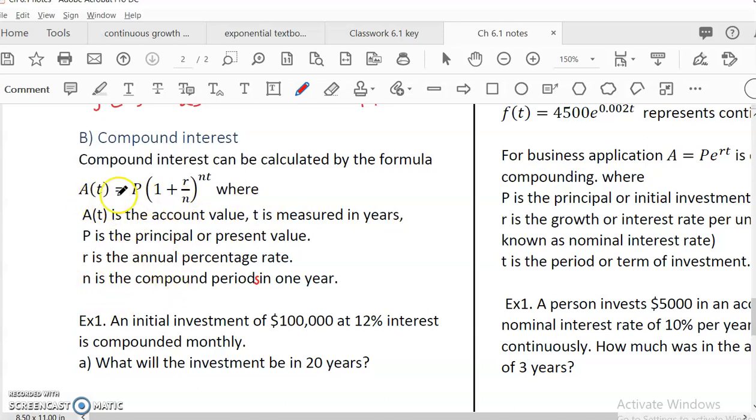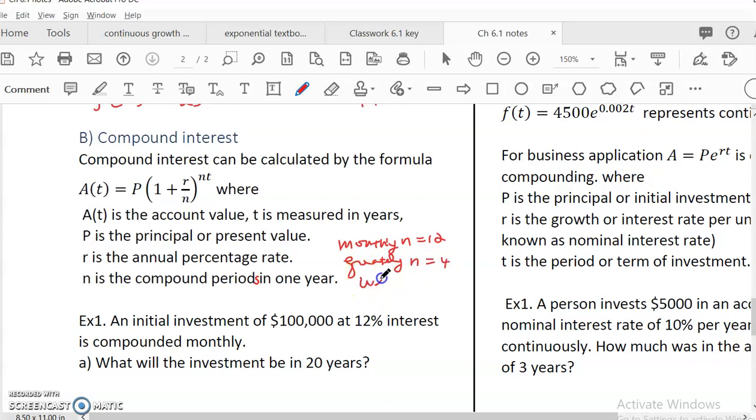It's a lot of different variables that you plug in. Remember, P is the investment, R is the interest rate, N is the number of times you get the interest. If it is monthly, you will get interest every month, so in a year N is 12. If your compounding is quarterly, N is equal to 4.